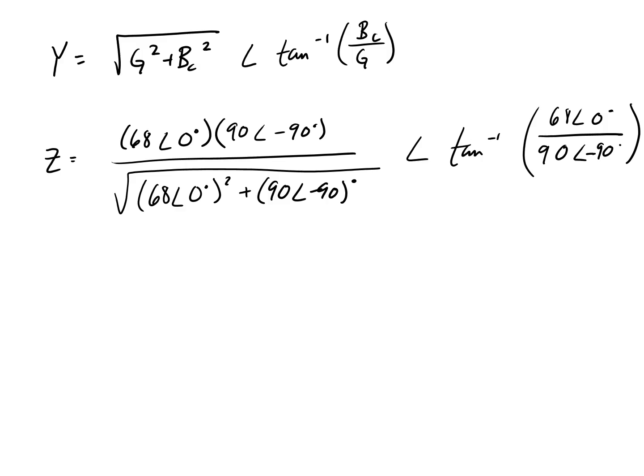So if we go through and do this, we're going to find that z is equal to 54.255 at an angle of negative 37.073 degrees. Now, if we had done this with y instead, we would have 1 over 54.255.